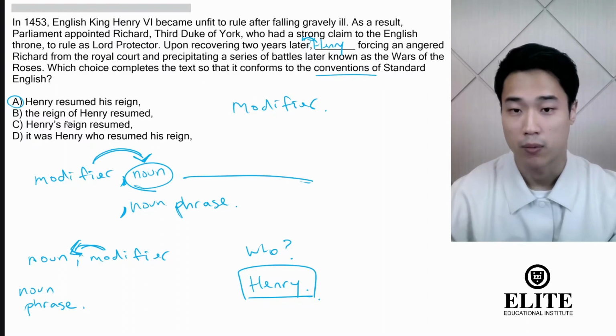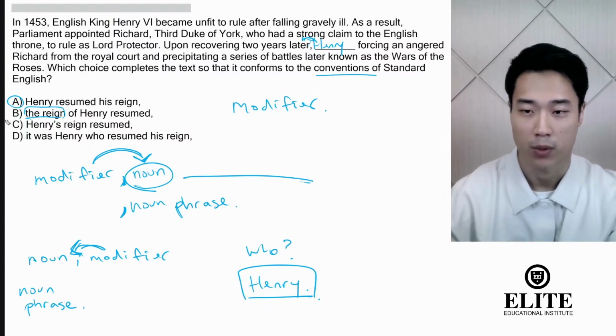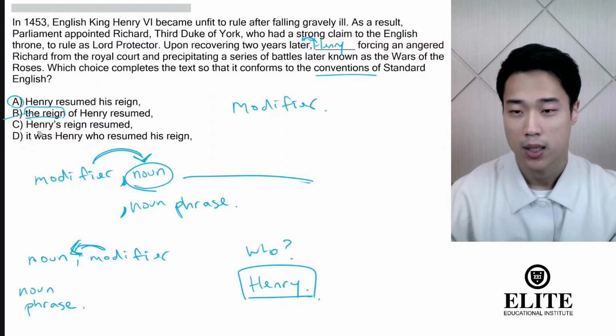If we choose B, the rain is the thing that becomes modified, which is incorrect because we're not talking about a rain that recovered 2 years later. We're talking about a person. Same thing with C, Henry's rain. D also says it was Henry.